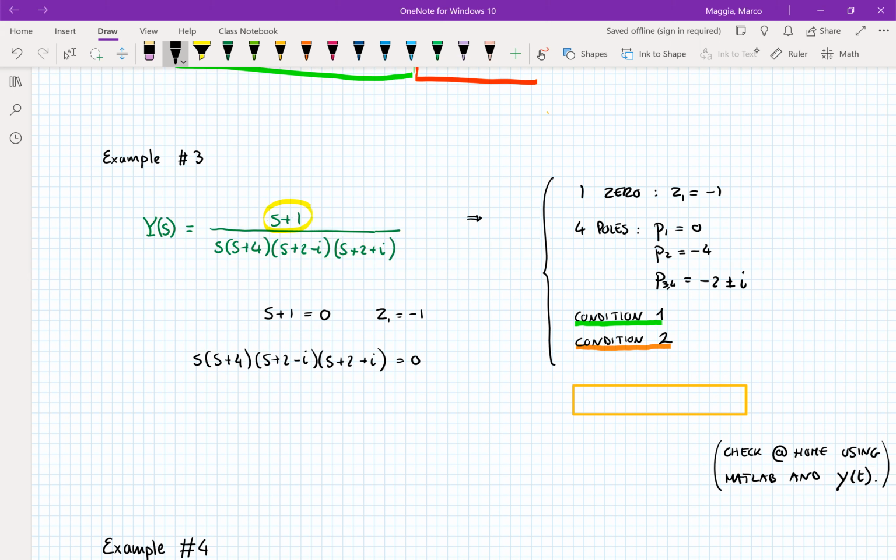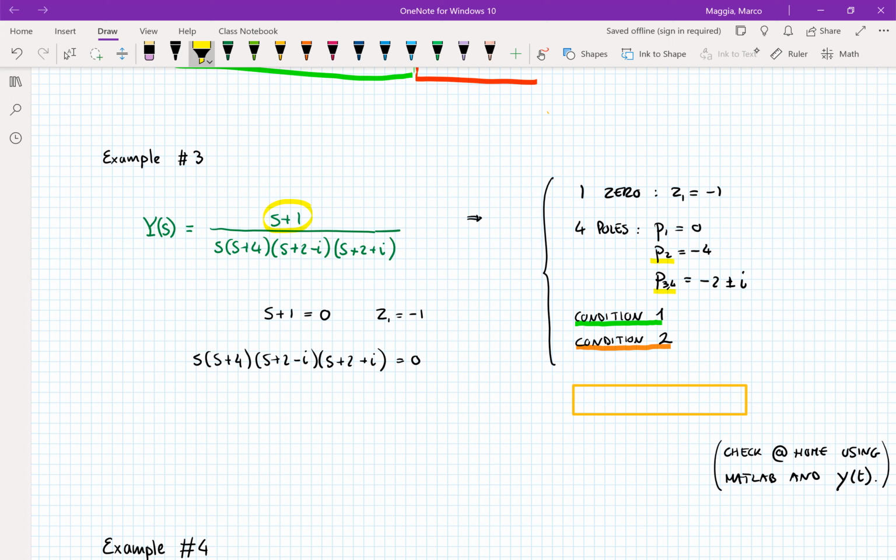Now, why did we find the poles? It's because we want to see whether or not the final value theorem applies. So we need to check the poles and check the two conditions. First of all, let's check condition number 1. We need to find the non-zero poles, in this case, P2 and P3 and P4, and we need to check their real parts.